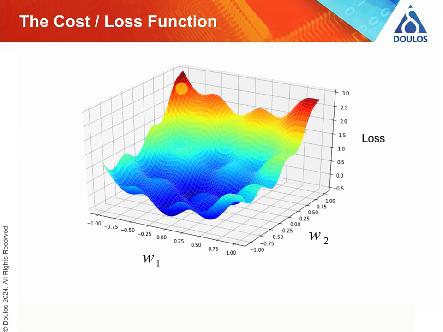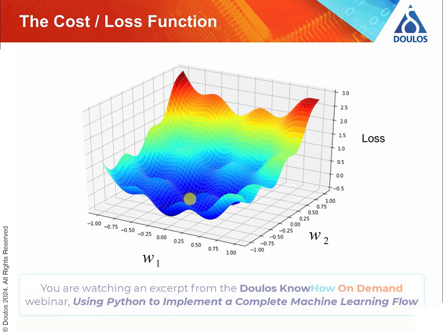algorithm where we start at some random point on this cost landscape, and what we're trying to do is find our way to a low point in the landscape, trying to find our way to the bottom of the hill. And it turns out that deep neural networks have this magical property that most of the minima turn out to be really good minima. That's just a fact that we really don't understand very well about deep neural networks.